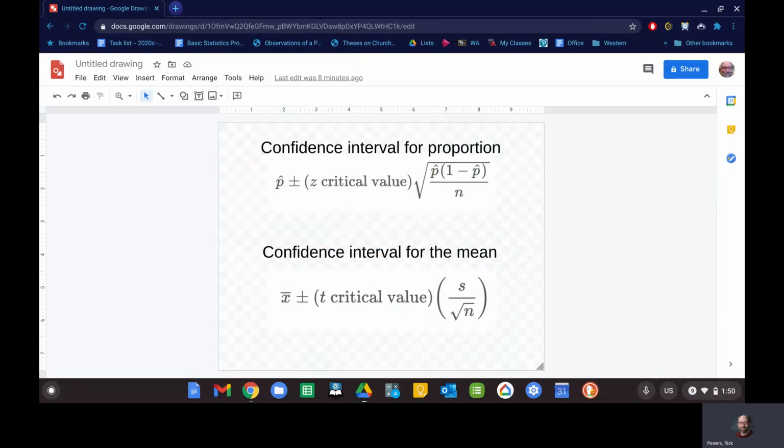So what's included in here, as you can see, p hat is in both parts of this equation. Notice that n is down here. The larger my sample size, the smaller my interval is going to have to be. There's more accuracy with a larger sample size. And then we have this z critical value. And this is based on the idea of what we talked about.